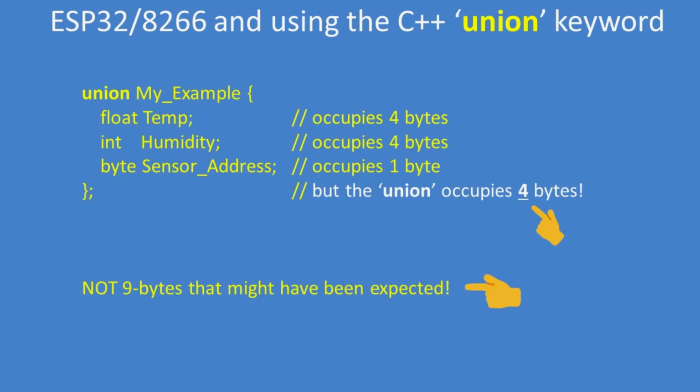So here's an example. Union, my example, it's comprised of floating point temperature, integer humidity, and a byte sensor address. The total storage for the union consumes only 4 bytes, not, as you might traditionally have expected, 9 bytes, using a type structure definition.